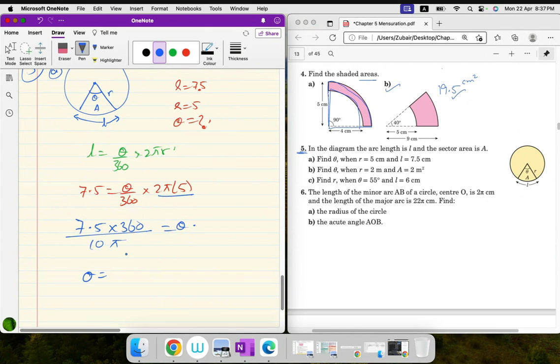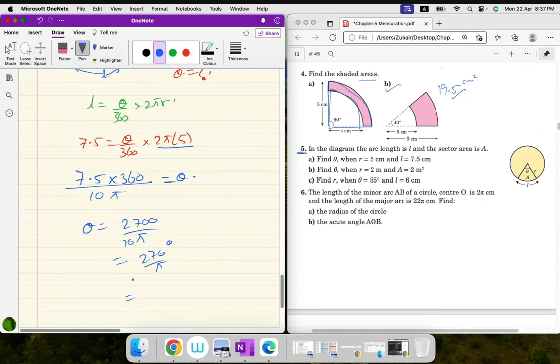Angle is 7.5 times 360, that gives me 2700 by 10 pi, 270 by pi degrees, and divided by pi, I get 85.9 degrees.